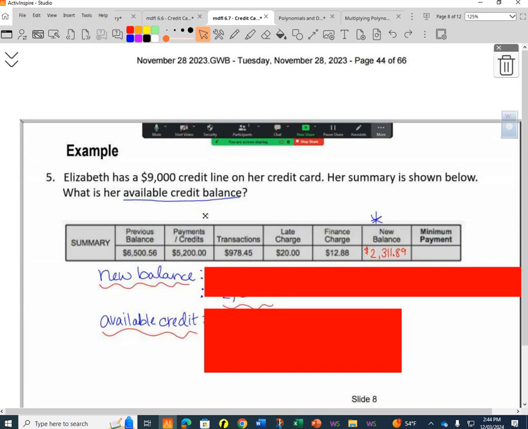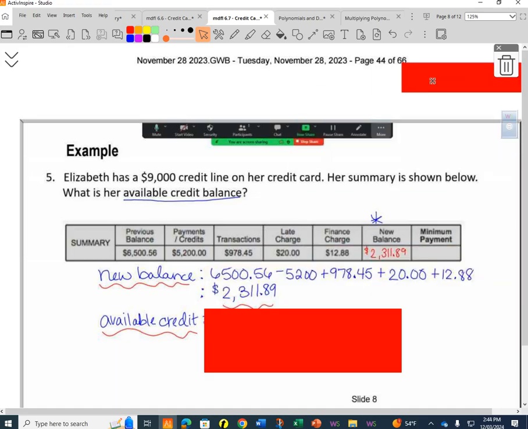Elizabeth had a $9,000 credit line on her credit card. Her summary is shown below. What is her available credit balance? So, finding her new balance, remember, and the available credit would be her credit line minus her new balance.